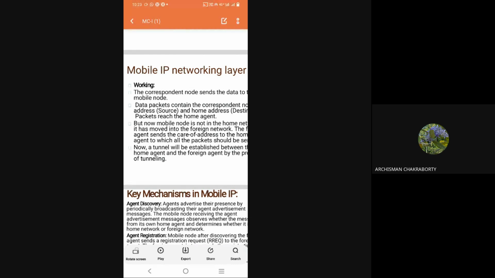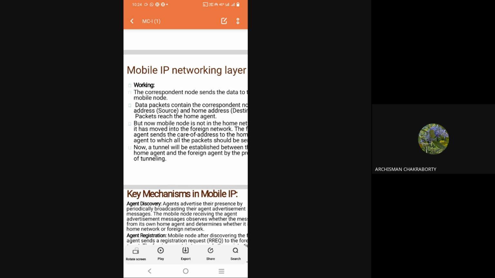It also contains the address of the source and the address of the destination. It is exactly like when you send a letter to your relatives or your friend: not only the letter will be sent, that packet also contains the destination address as well as the source address.